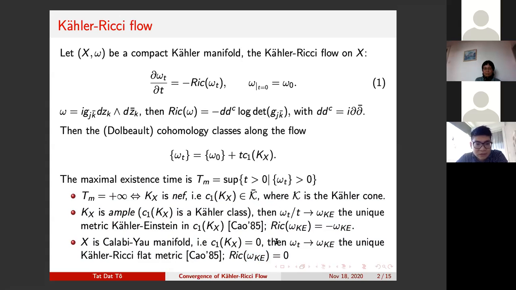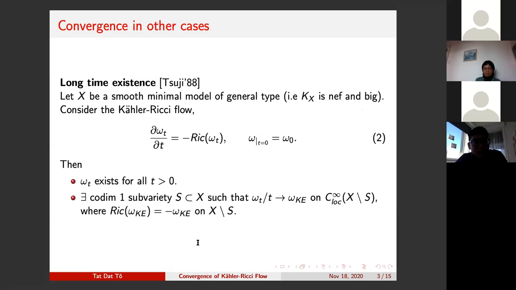Okay, so this is a very classical result on the convergence of the Kähler-Ricci flow when c1(Kx) is positive or 0. So in particular, we have another convergence result with respect to the Ricci flow, where we have some weaker condition on the canonical line bundle.